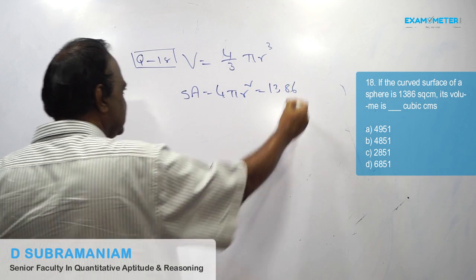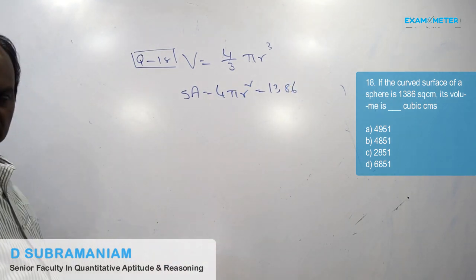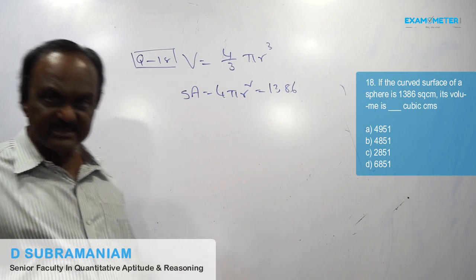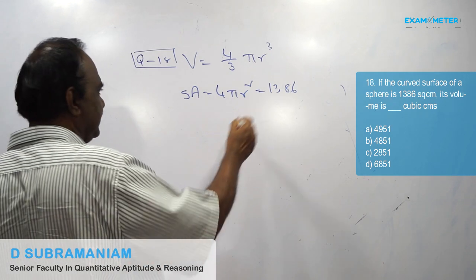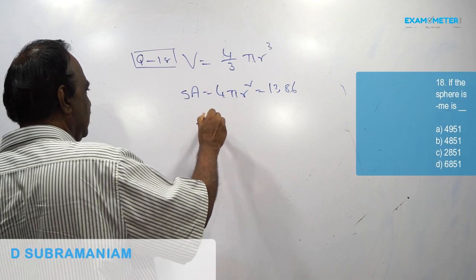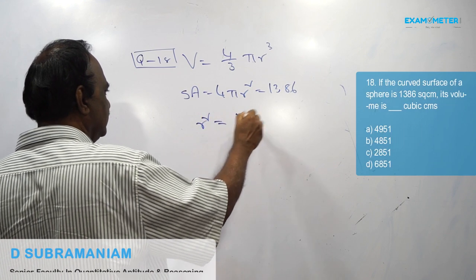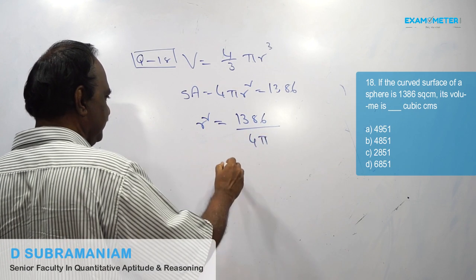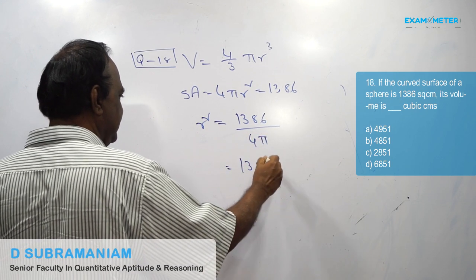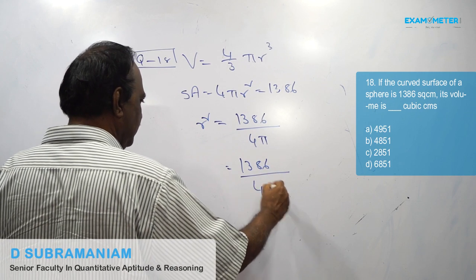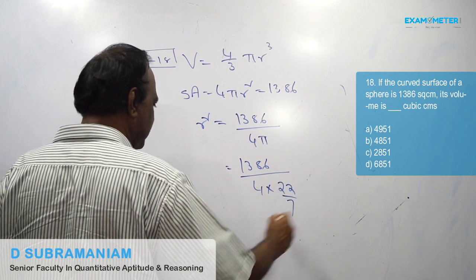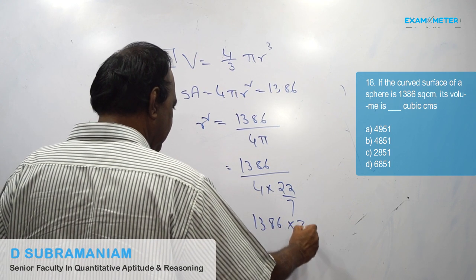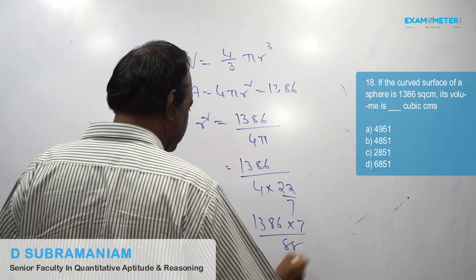This is given as 1386. 4 pi r square is equal to 1386. R square is equal to 1386 by 4 pi, that is 1386 by 4 into 22 by 7, that is 1386 into 7 by 88.